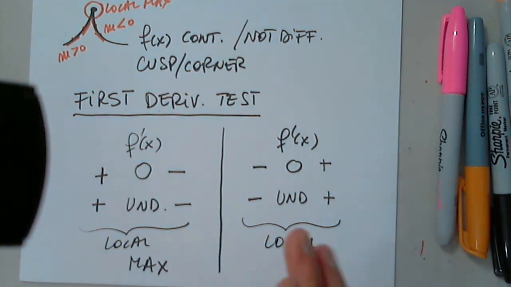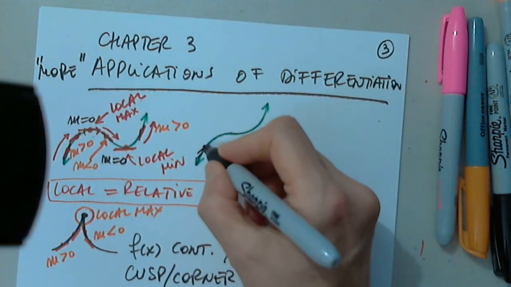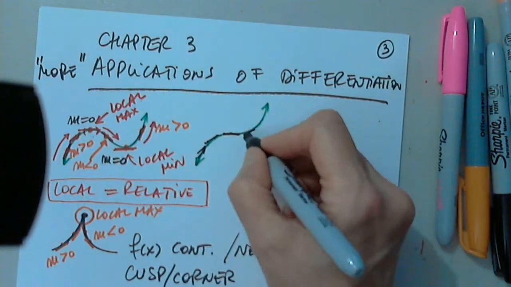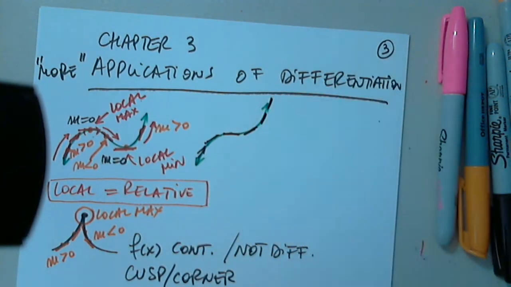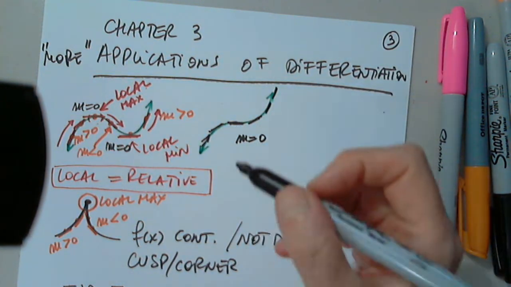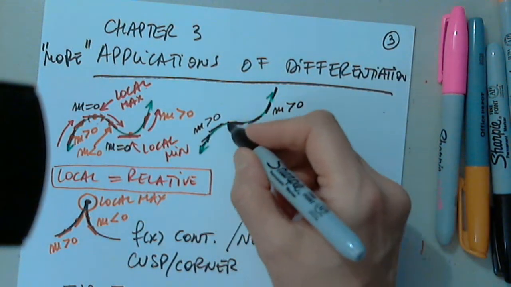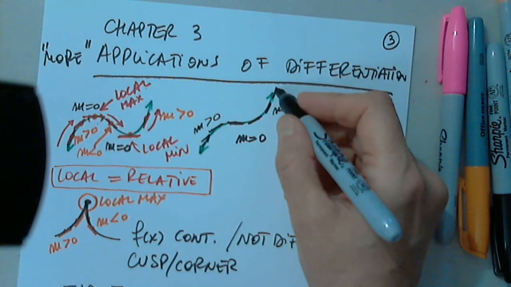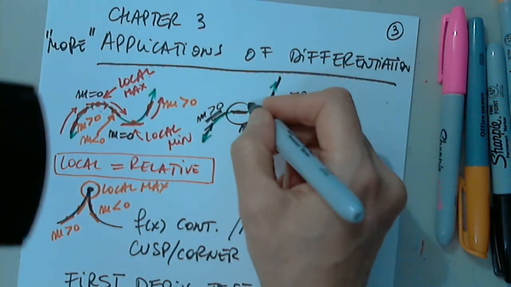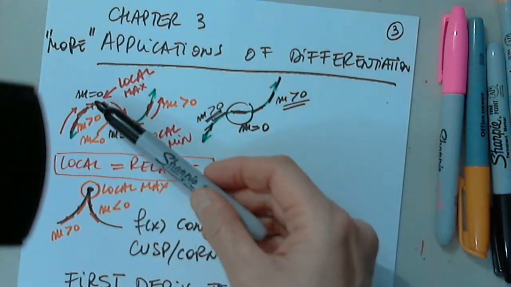So what happens now with this situation? Positive, positive, potentially 0, positive, positive, positive. So here the slope is 0. But the slope everywhere else of the tangent line is always positive. We also call it a point of extrema. Is it a max or a min?